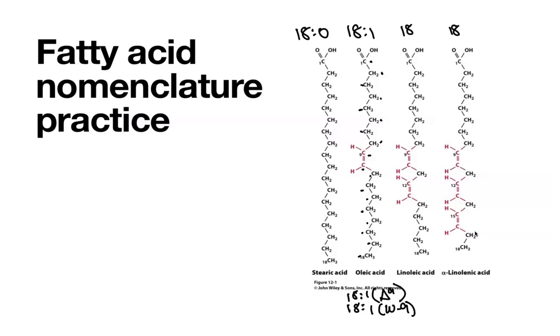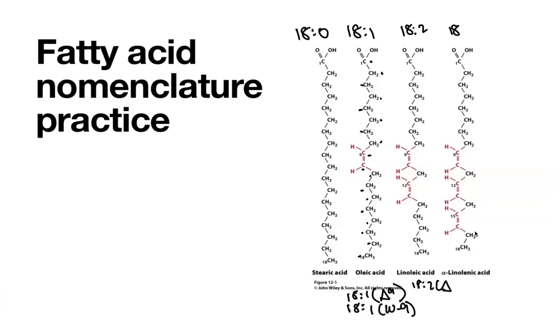Okay, what about our linoleic acid? So here we have 2 double bonds. Remember that if we're using our delta notation, we need to specify the position of both of those. But if we're using omega, we just specify the first one. So basically, we still have that delta 9. Now we have 18, 2.